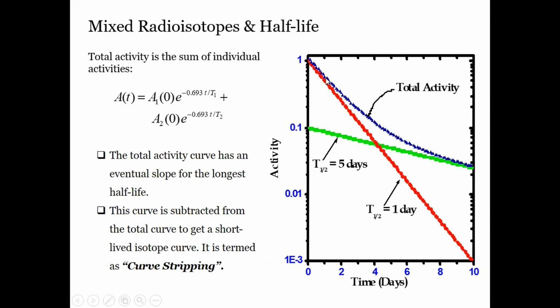So we can figure out this radioactivity by subtraction. And we can always find the total activity at the end, because it will be predominantly due to the longer lived isotope.